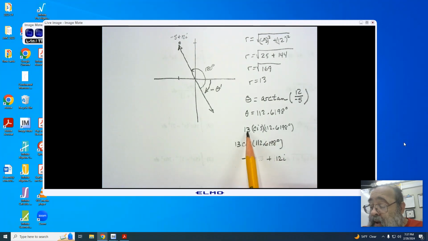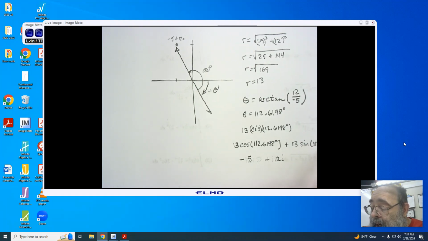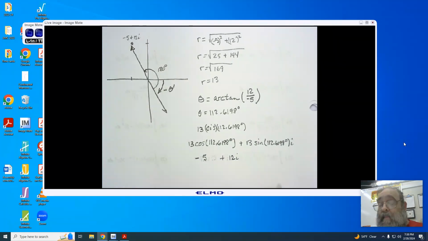In this case, 13 cosine plus 13 sine of this 112.6198 degrees times i. And this will immediately bring us back. So this is how we change back and forth between rectangular and polar form.